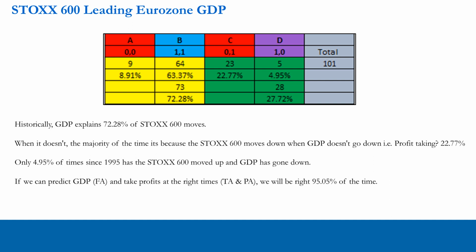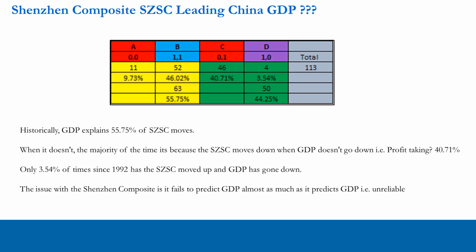Now, we can also apply this to other stock markets. Let's have a look at it versus the Shenzhen Composite leading Chinese GDP. Does the Shenzhen Composite actually lead Chinese GDP? Well, if you look at the table, historically, GDP explains 55.75% of the Shenzhen Composite moves.